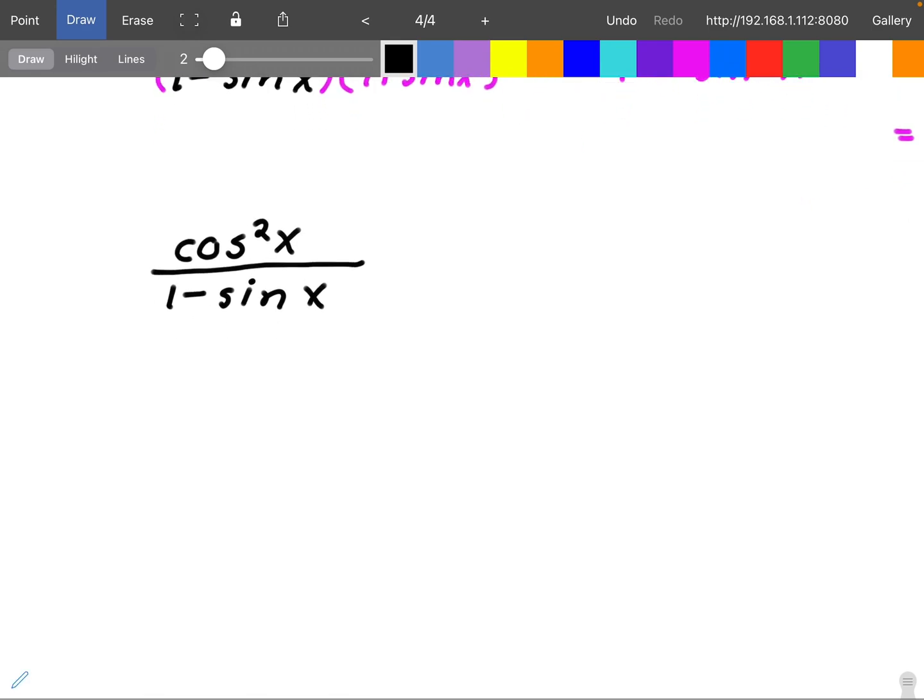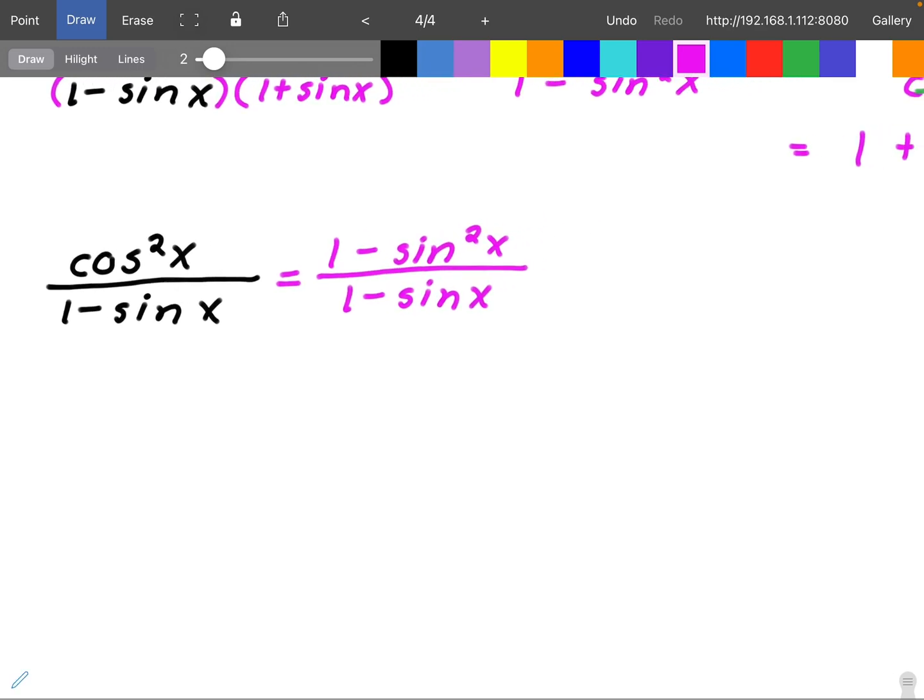I know that cosine squared x could be part of a Pythagorean identity. So if I choose to do it that way, then I'm going to change the numerator. I know that cosine squared x, if I fiddle with my Pythagorean identity, is the same thing as 1 minus sine squared x.